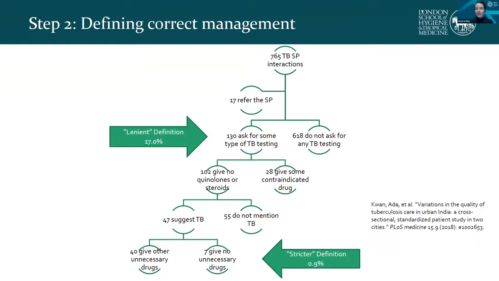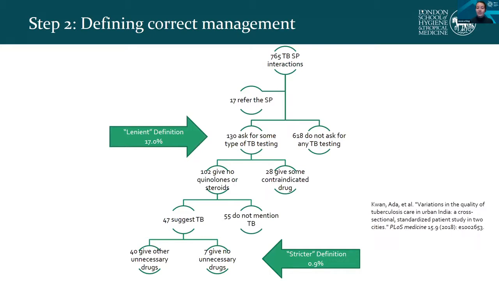But if we make a composite outcome, so we say that they can't have any harmful drugs, which we in this study defined as quinolones or steroids, and that they have to suggest TB as a possible diagnosis, and they have to not give any other unnecessary drugs, then actually fewer than 1% of these standardized patients got correct management.